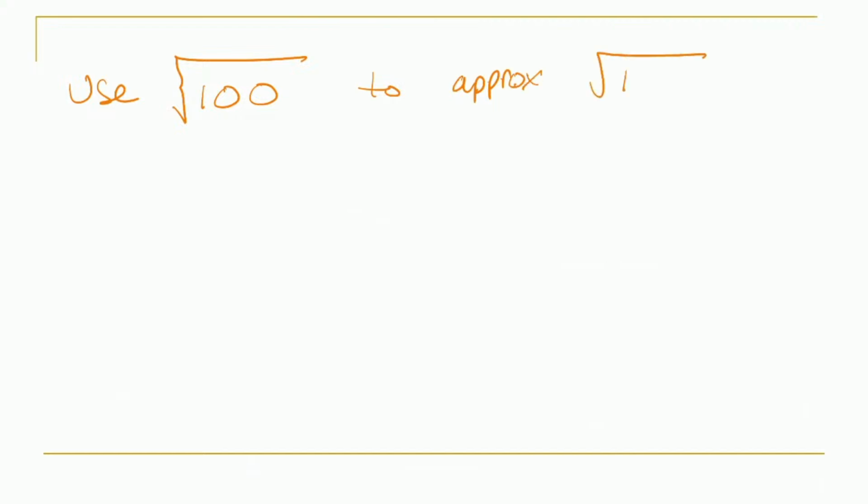Let me just see. So what if we were going to do, based on the square root of 100, we were going to try to use this to approximate the square root of 102, let's just say. So give me a sec. This won't take long. So f of x is the square root of x.